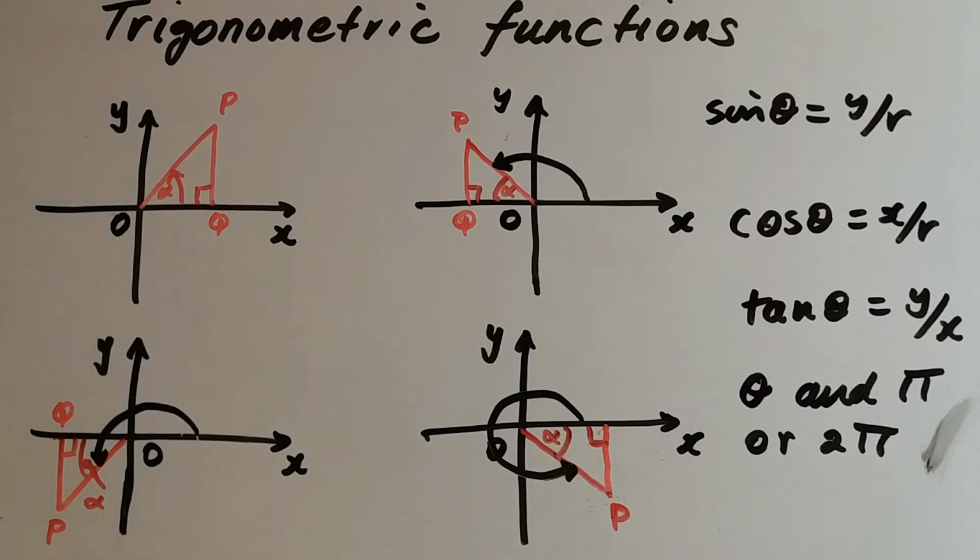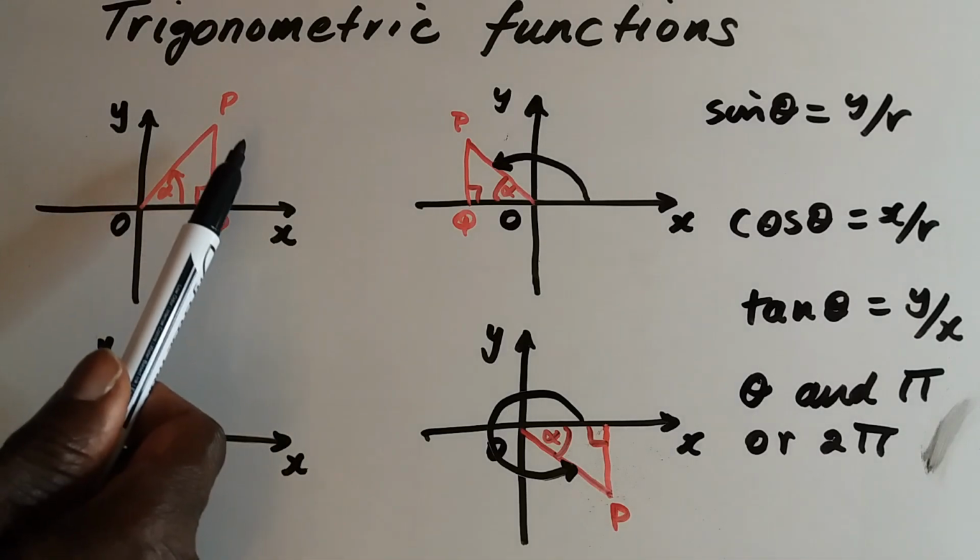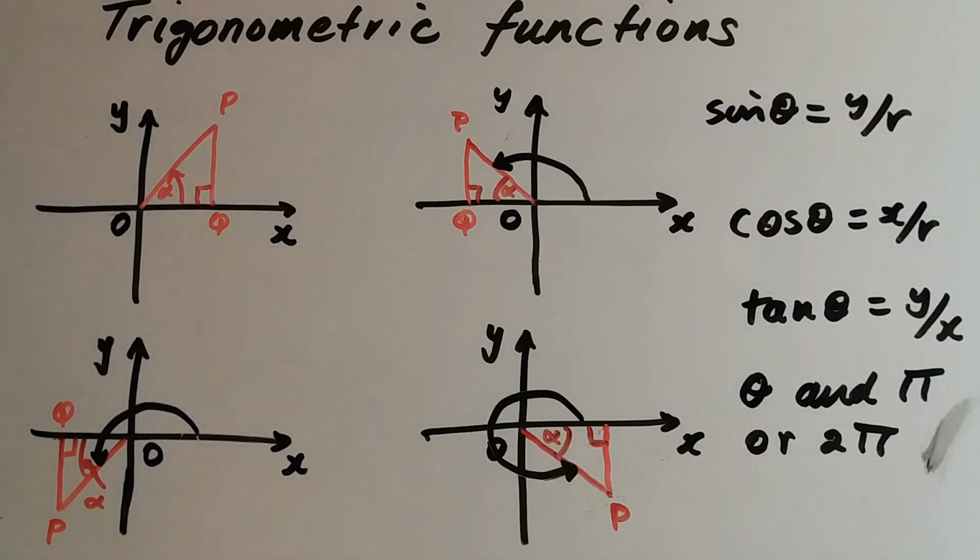We also defined the ratios, and we also stated that the Cartesian axes x and y outline 4 quadrants, quadrants 1, 2, 3 and 4, and that is numbered from here going anti-clockwise.